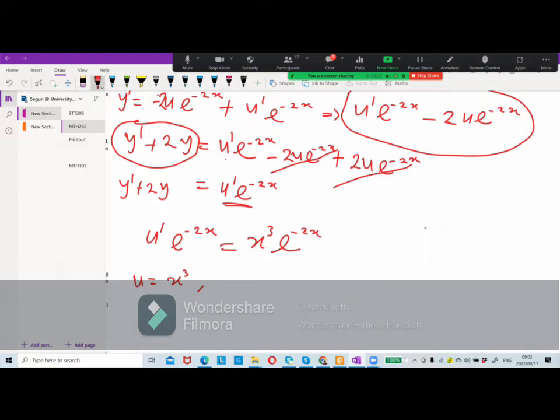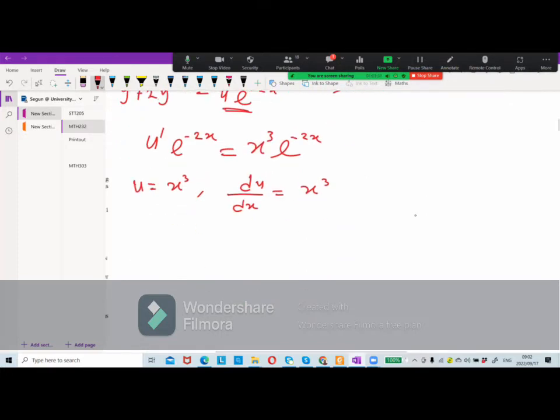Remember, if you have u prime equals x raised to power 3, then cross multiply because we need the u. We need our u back. Anytime you have differentiation, when you integrate it, it will give you the ordinary u.